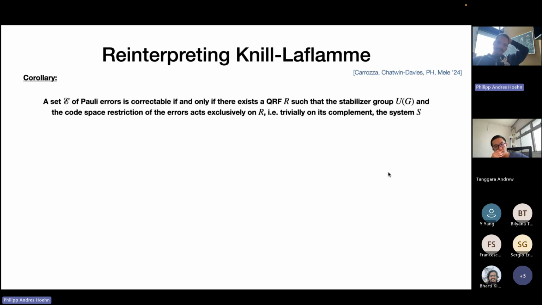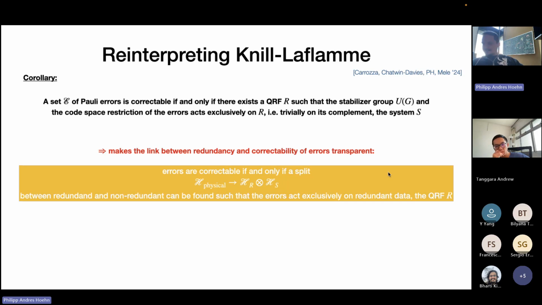Now, the converse direction requires sort of three lines of proof, but it's also pretty clear that if you have a quantum reference frame that has these properties, and the errors act only on it, then they're going to be correctable, essentially because in that case, there are no logical errors that act only on the frame.